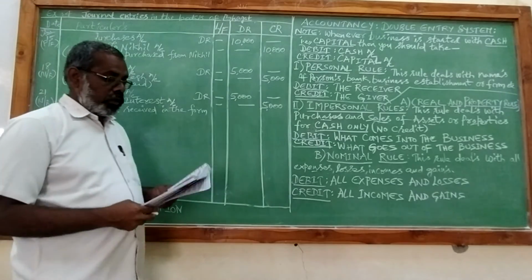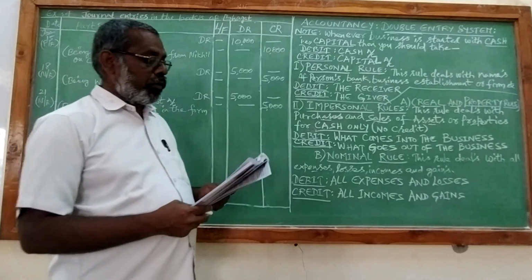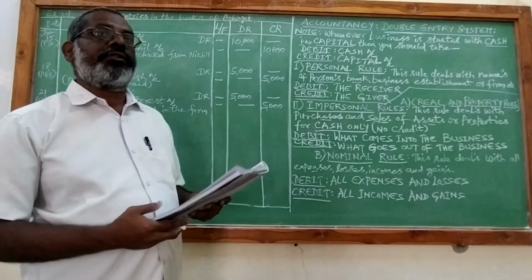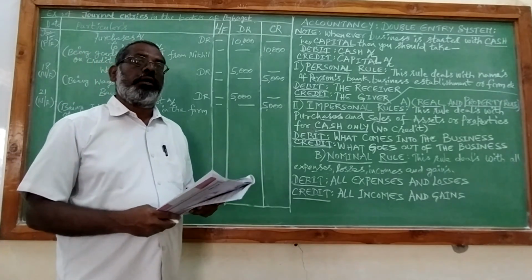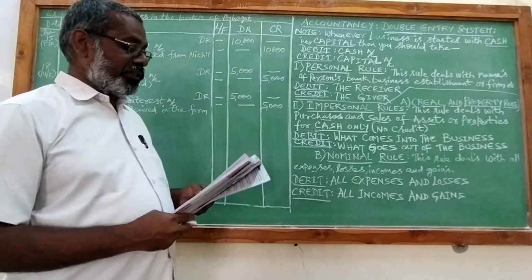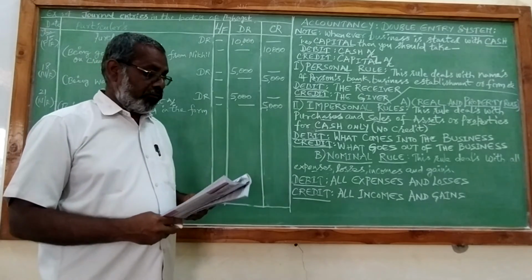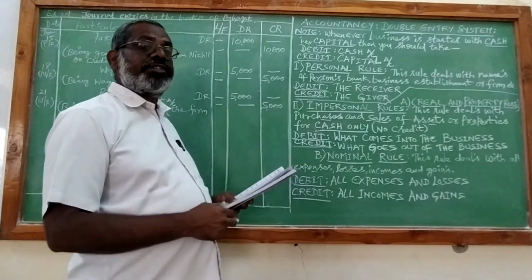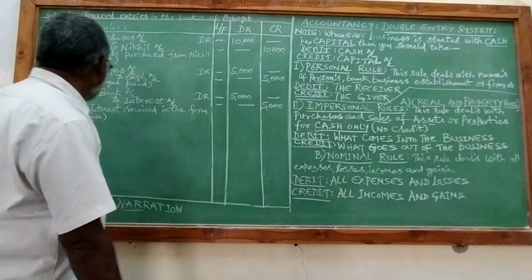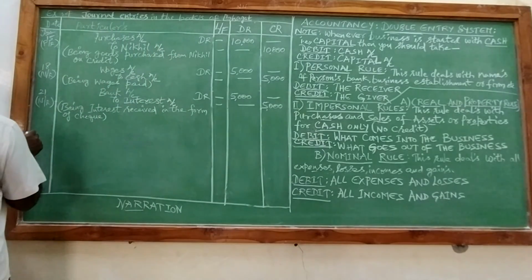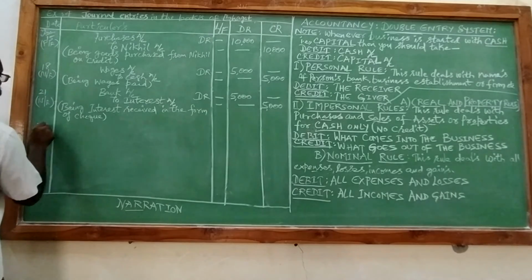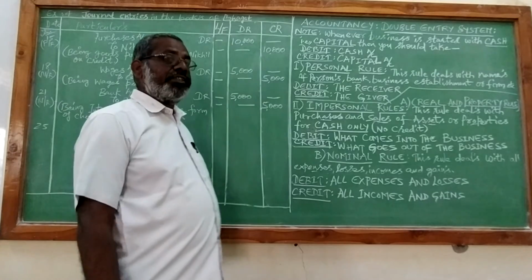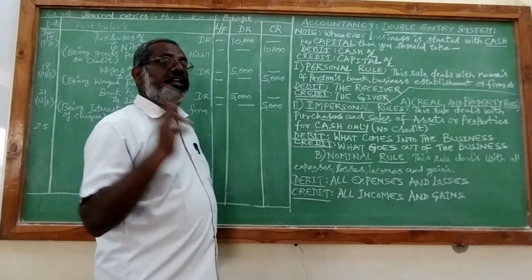So, dear students, in this problem number 4 of Telugu Academy, intermediate first year, which is prescribed by Telangana State and Andhra Pradesh State intermediate boards, the last transaction of problem number 4 is January 25th, advertisement expenses paid. In the sentence itself it is stating that it is an expense.